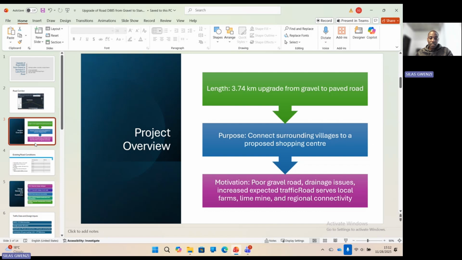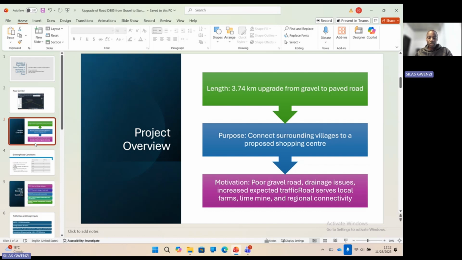The road D885 currently serves as a gravel connection between the surrounding villages and the proposed shopping center. The total length of the upgrade is approximately 3.74 kilometers, and the primary purpose of this project is to improve accessibility, provide a safer and more reliable route for motorists, and accommodate the expected increase in traffic due to commercial development.